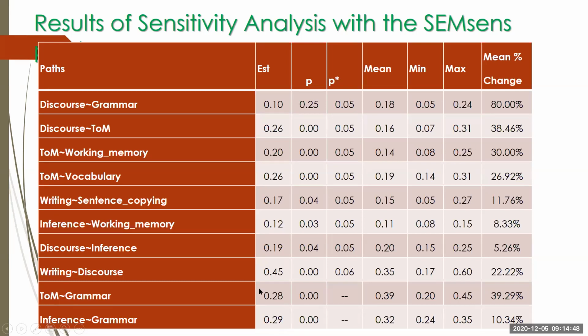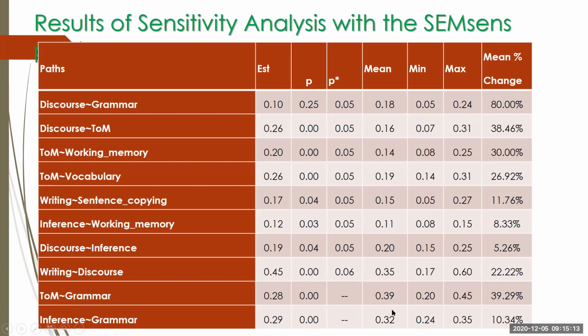Now, if you look here at the bottom, we can see a parameter that was not sensitive, the effect of grammar on inference. The original value was 0.29. The original p-value was statistically significant. It did not change to non-significant during the search.